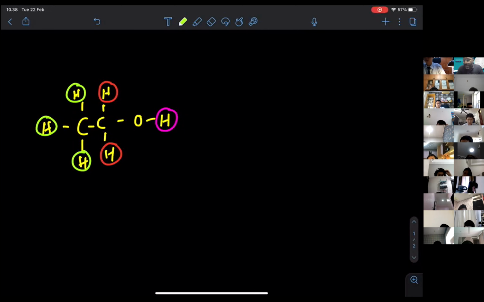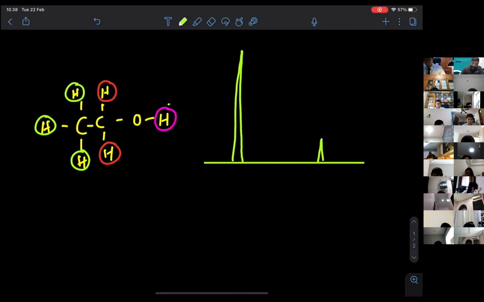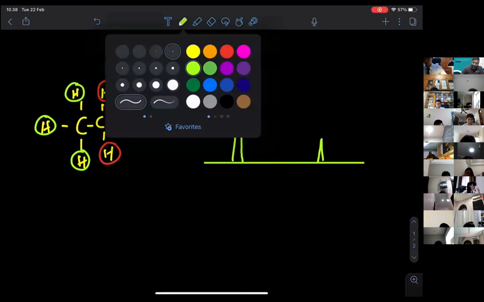So we have 3 different environments. When I show this, for this particular environment with 3 hydrogen, the peak is going to be 3 times greater than the one for a single hydrogen environment. Normally they show it like this.